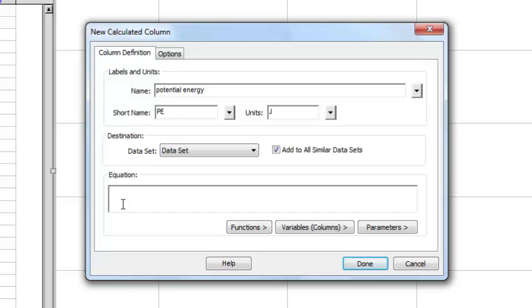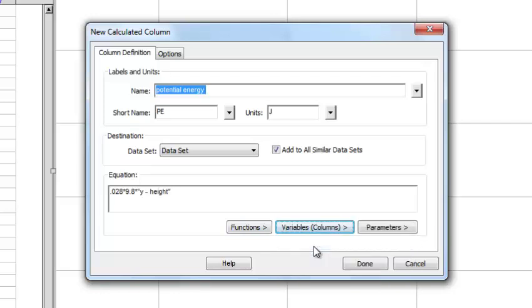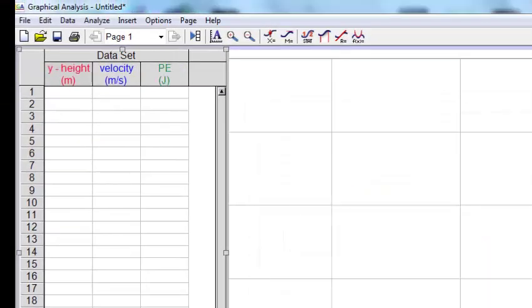You don't put any equals, you just put in your first thing. So the first thing will be mass, which is 0.028 kilograms. And then we're going to take it times gravity, which is 9.8 meters per second squared. And then we're going to take it times the height, the y height. Don't just put in y, you're going to have to pick the variable over here. So I'm going to pick y height, and then I'm done.